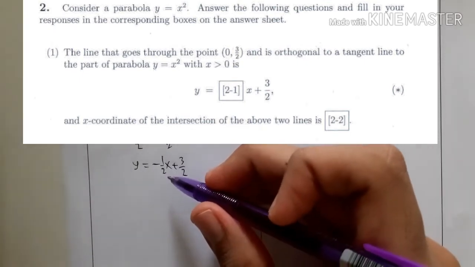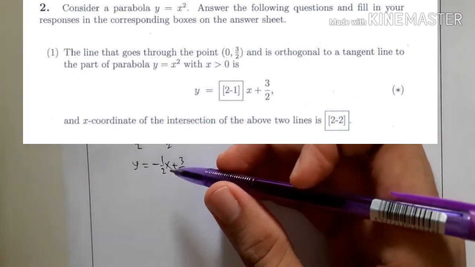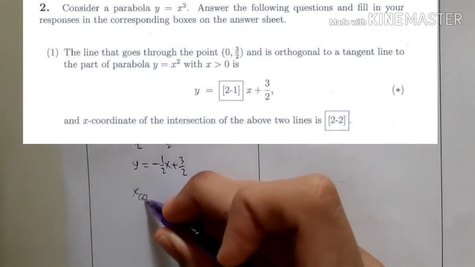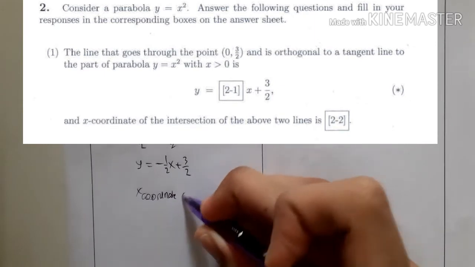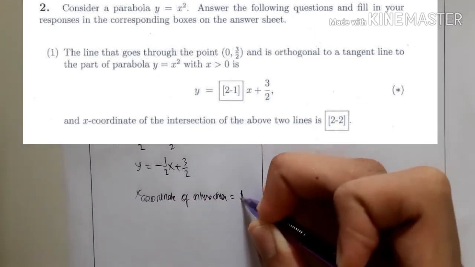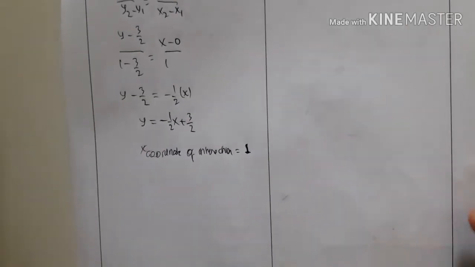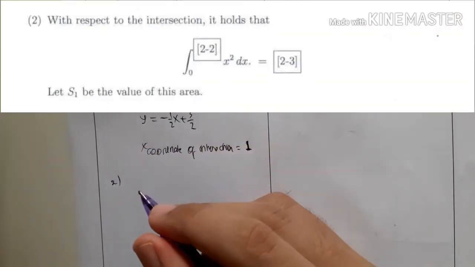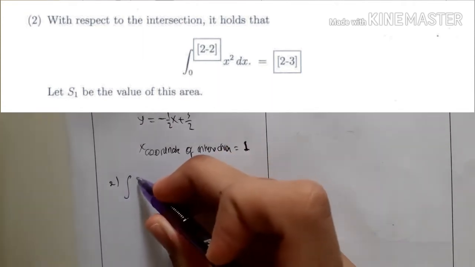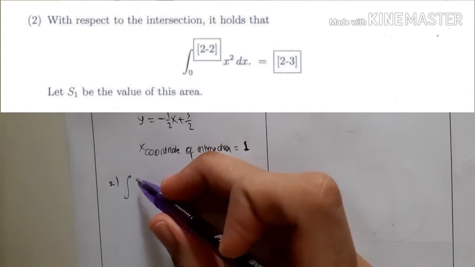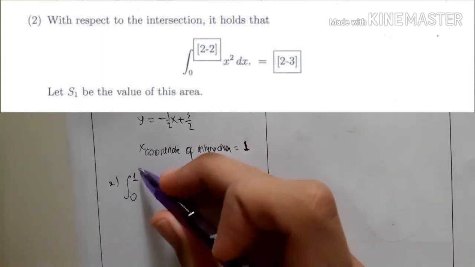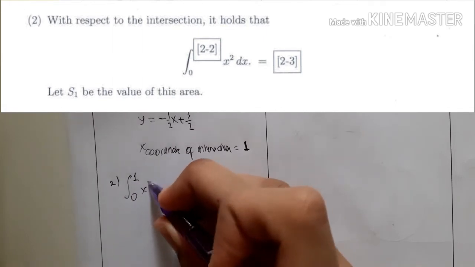And now it says the x coordinate of the intersection of the above two lines is 1. Now for number 2, it says that with respect to the intersection, it holds that the integral, because the answer of box 2 is 1, with limits 0 to 1 of x squared.